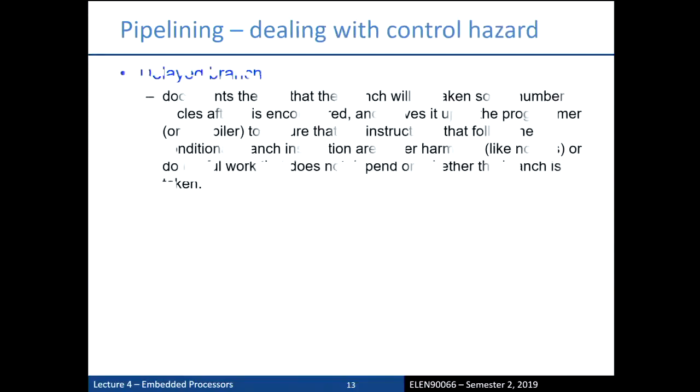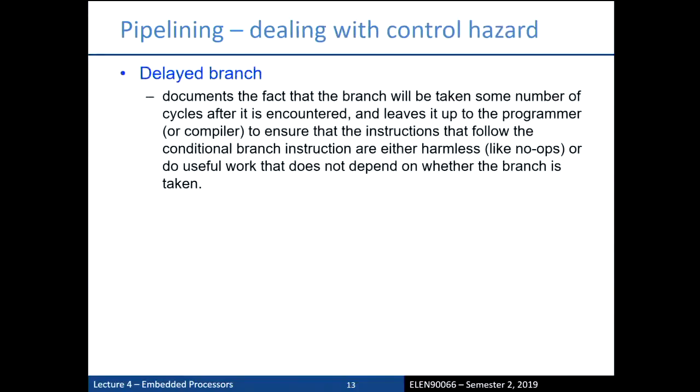Well, we can do some really clever stuff. A delayed branch. So we document the fact that the branch will be taken some cycles after the branch instruction has been encountered, so read, right? You've read it, oh, it's a branch.